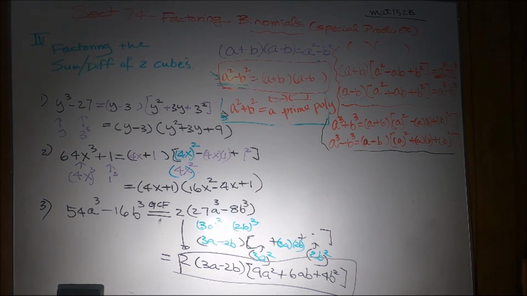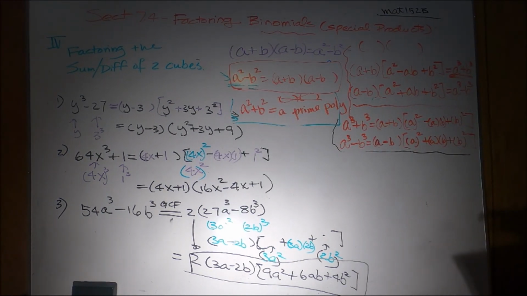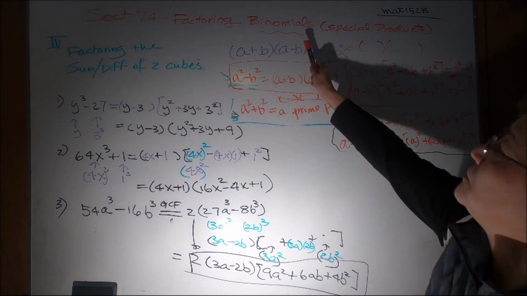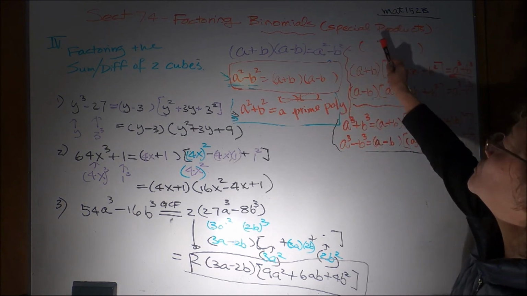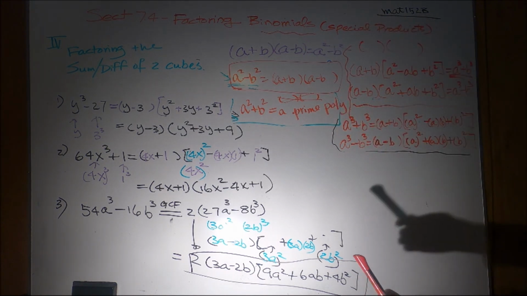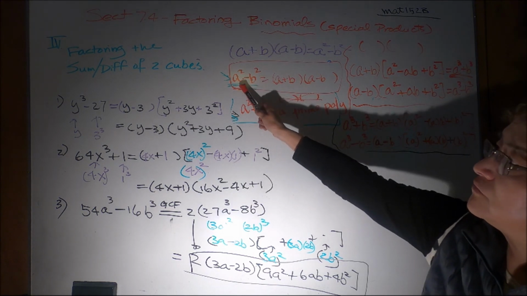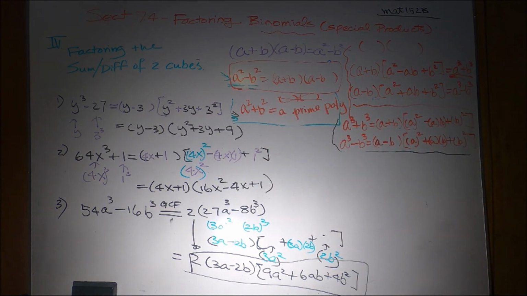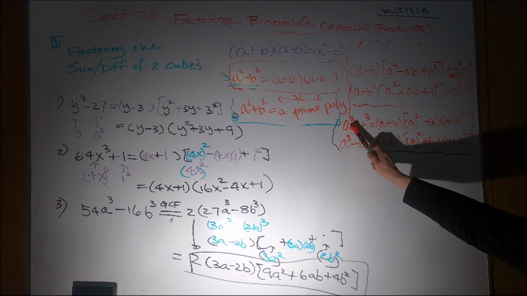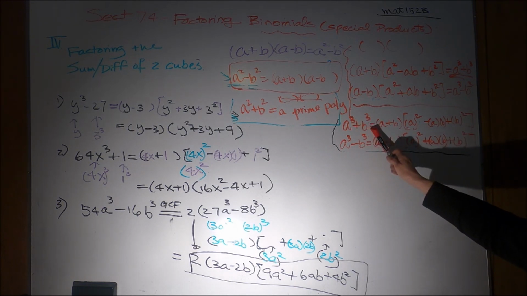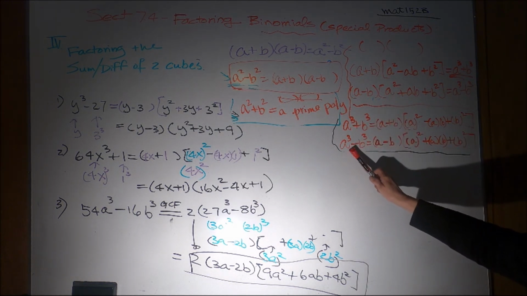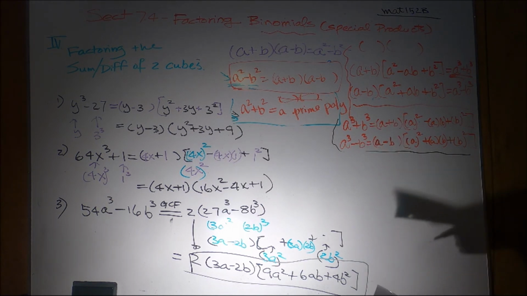So let's summarize what we did. Take a look. We are doing factoring binomials, a special product. Either the difference of two squares, or the sum of two cubes, or the difference of two cubes.